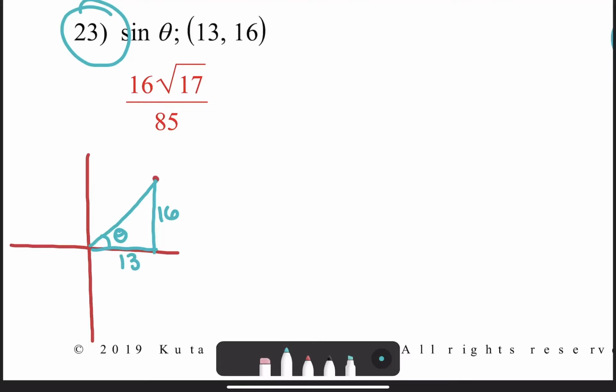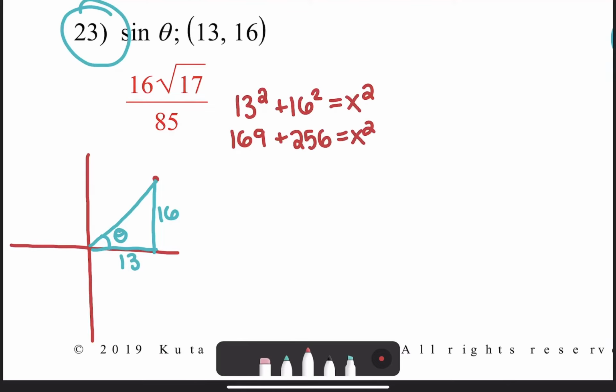Now I know I need the hypotenuse, so what I'm going to do is take 13 squared plus 16 squared and say it's equal to x squared. If I do that, 13 times 13 is 169, and 16 times 16 is 256. So x squared is equal to 425. And what I have to do is figure out what x is equal to.